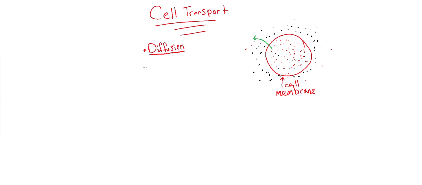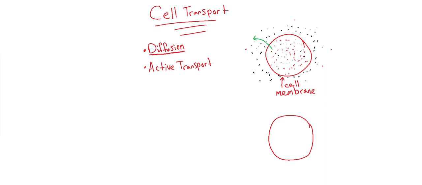Now, the second type is active transport. I'm going to show the same example. Active transport is not going to be from a high concentration of water to a low concentration of water. It's going to be the opposite. So instead, I would really have the same thing.